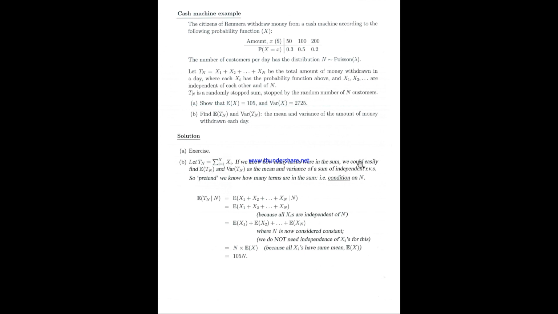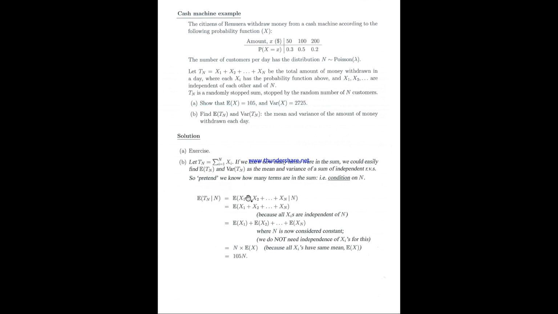And then, when you take the expected value of Tn and the variance of Tn, that is the mean and the variance of the sum of the independent random variables, right? But there is a condition where this number of random variables is equal to capital N. So what we are going to do is find the expected value of Tn given that capital N number of random variables are there.